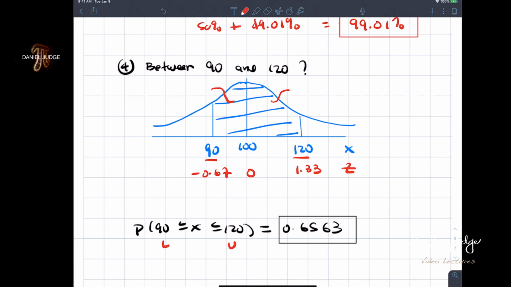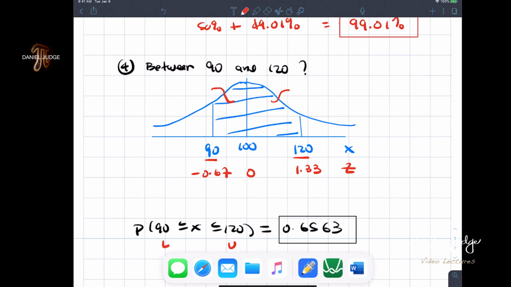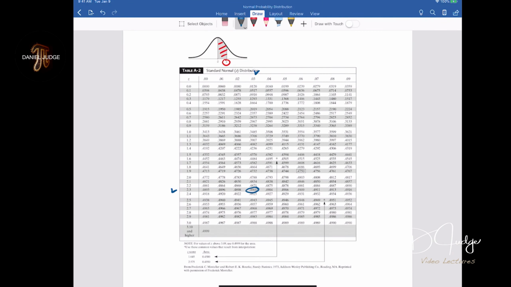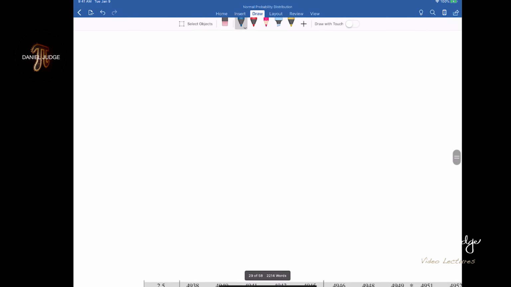Now, I'm going to use the table again because maybe my eyesight was an issue. So let me go back to that table. Right, 0.67. Let's find the z value for 0.67. So it's in the 0.6 row, 0.07 column here.